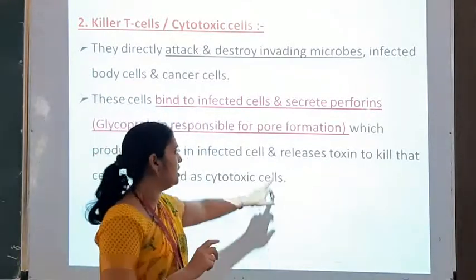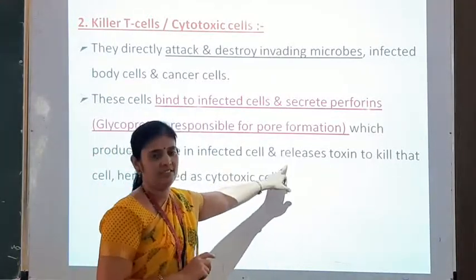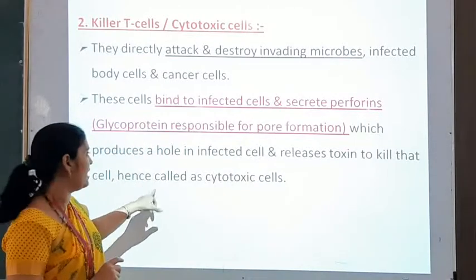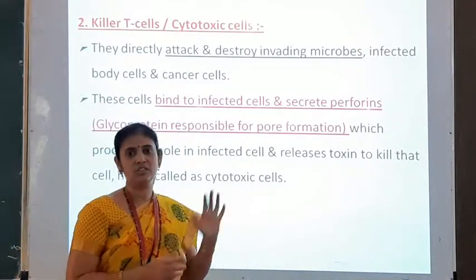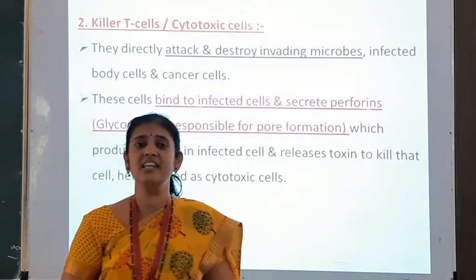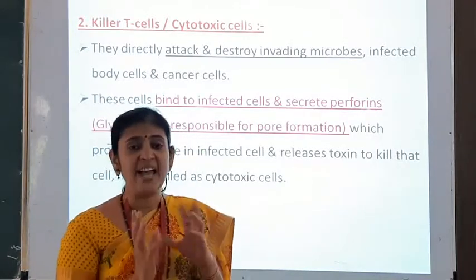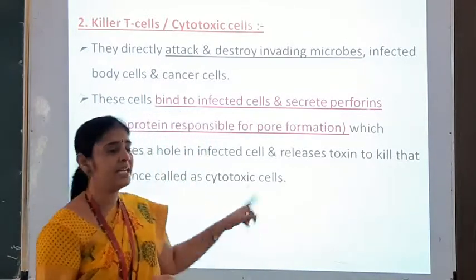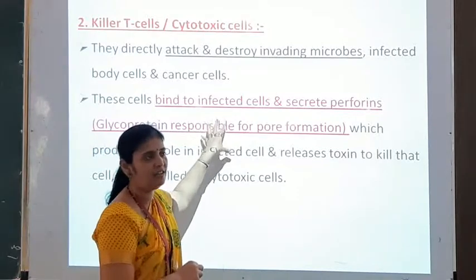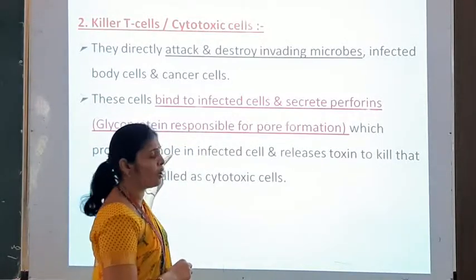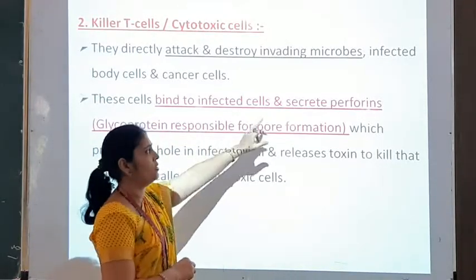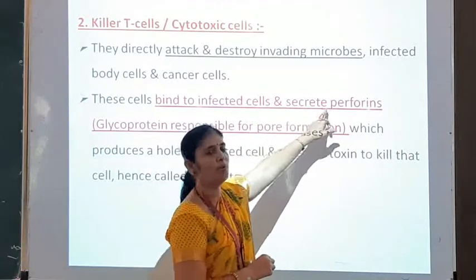And that pore releases toxin to kill that cell, and hence it is called a cytotoxic cell. Means that infected cell is getting destroyed by the toxin secreted by this cell, through the pore of the infected cell, which is created by the secretion of perforin.